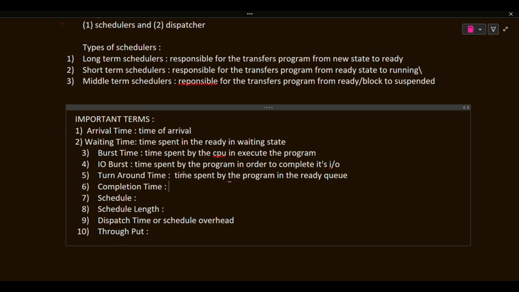Completion time is defined as the time at which the program is completely executed by the CPU. And completion time can be calculated by the addition of arrival time plus turnaround time.